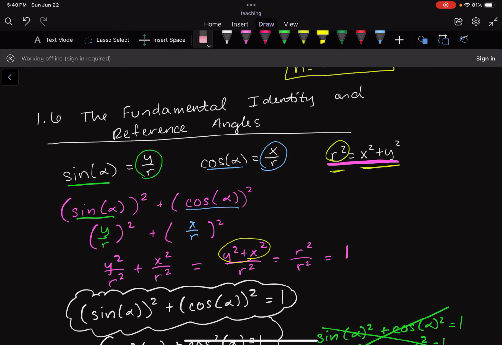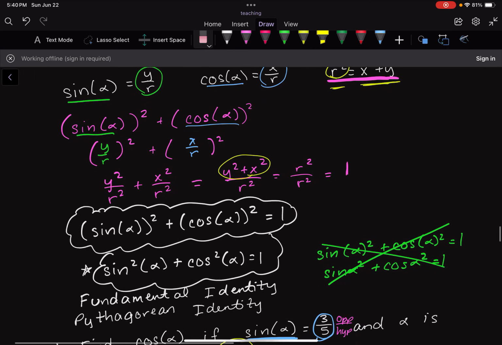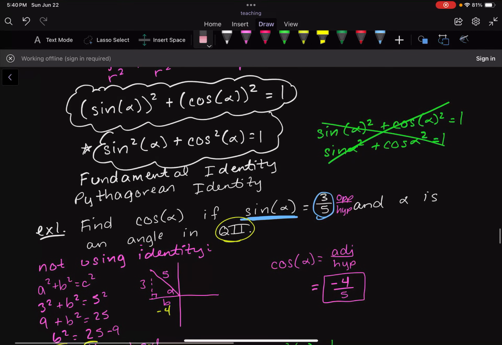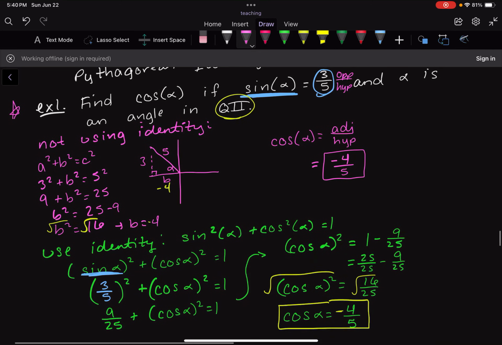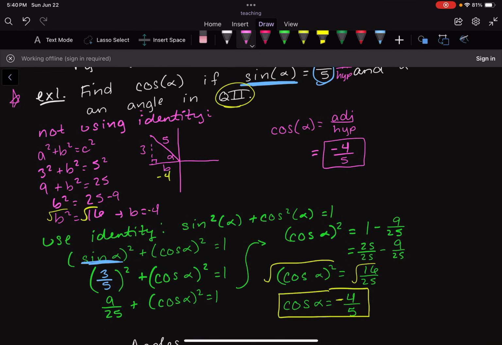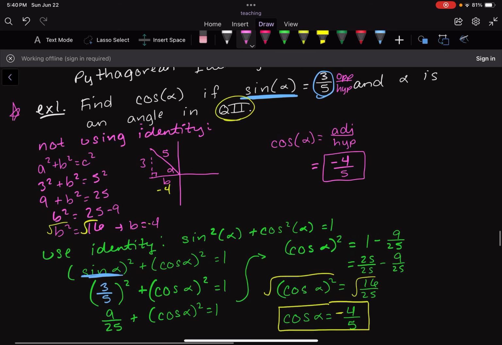1.6 is a great section as well to go over. This one we did the fundamental identity problem. I would go back and look over example 1. Put a star by that one. If I ask you to use the fundamental identity, I need you to use it to get full credit.